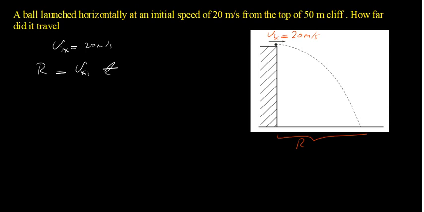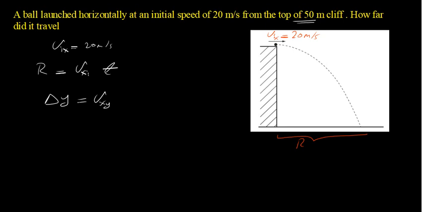But I do have other information, such as the height of the cliff. From the kinematics equations, we can pick the change in height equals the initial velocity, but it will be the initial velocity in the y direction, because we know from the projectile concept that the x component and the y component are independent.